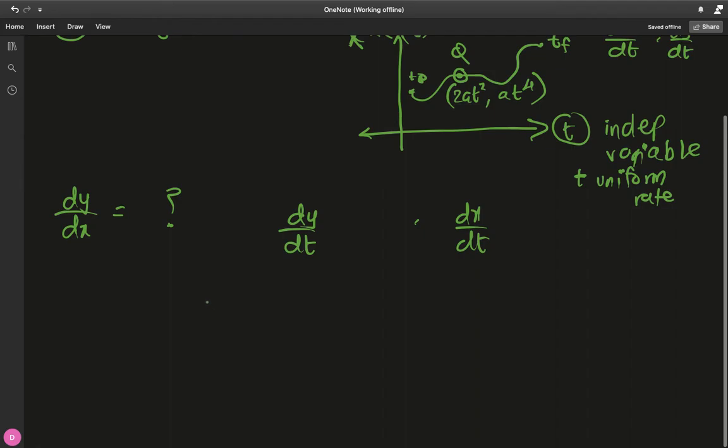So what I'm going to do is say dy over dx is equal to dy over dt, all divided by dx over dt.